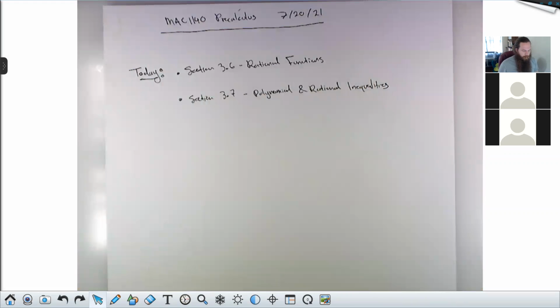And the techniques are going to be the same as they are in section 1.8. It's just that we'll be looking specifically at polynomial and rational functions. I'll be able to show you some tricks that work better for that class of functions rather than all nonlinear inequalities. But first, we got to talk about what rational functions are. So that's going to be the place to start.